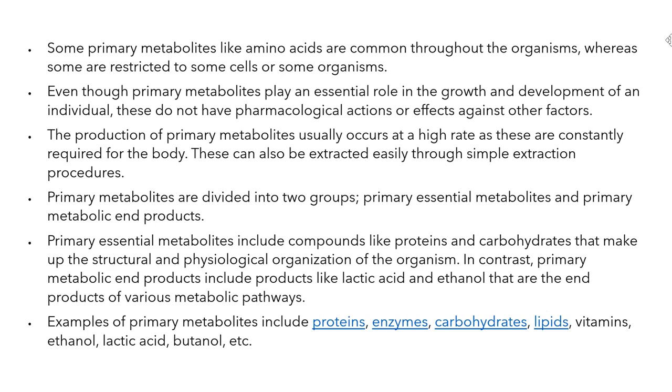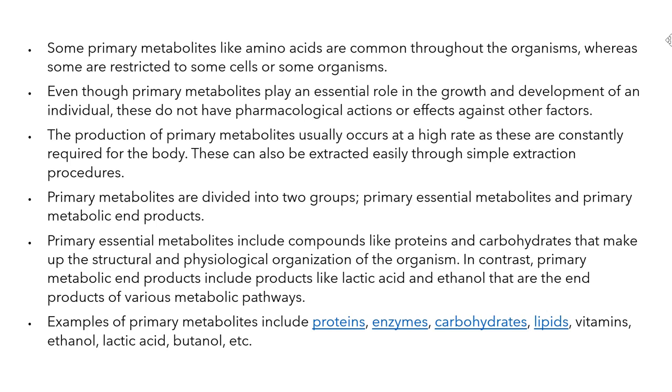In contrast, primary metabolic end products include products like lactic acid and ethanol, which are the end products of various metabolic pathways. So, the two groups are: first, primary essential metabolites, which are required for the cell itself, and second, primary metabolic end products.